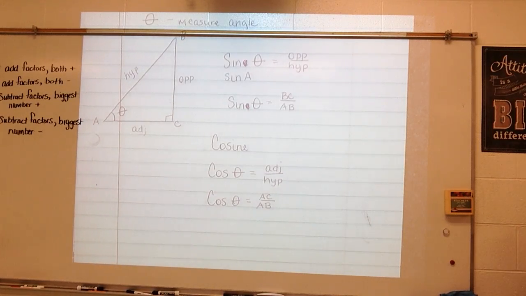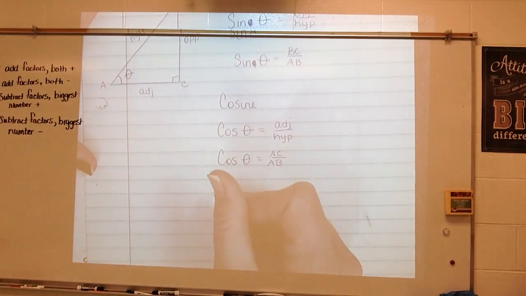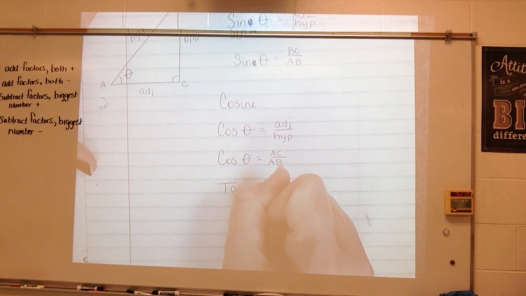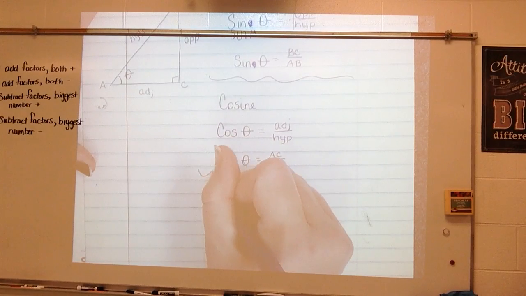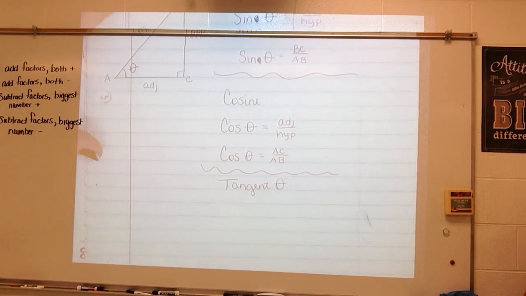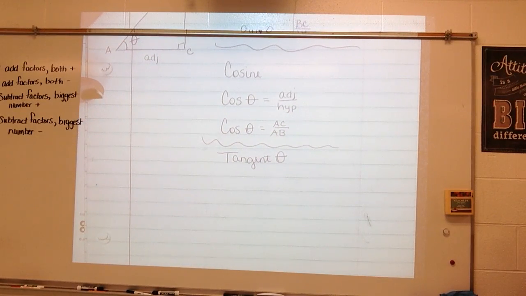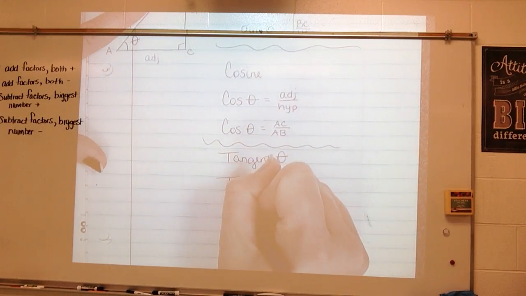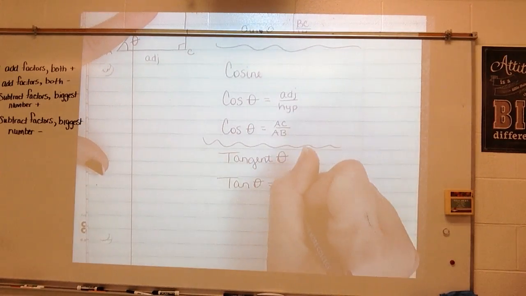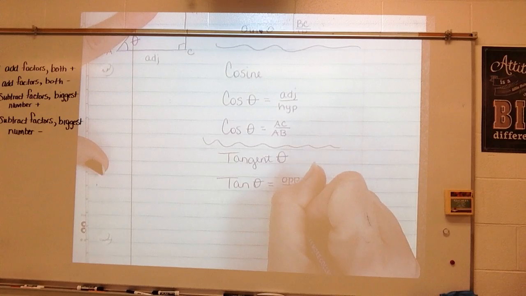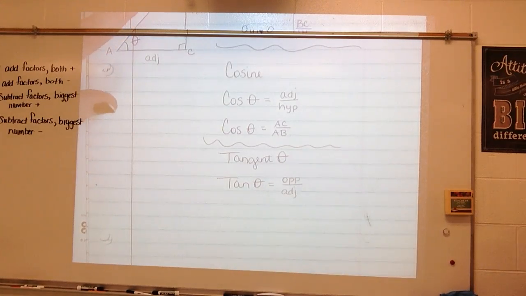Then we have what we call tangent. So we want to look at the tangent of our angle. So there's sine, there's cosine. Let's talk about the tangent of our angle. The tangent of our angle would be the opposite over adjacent.